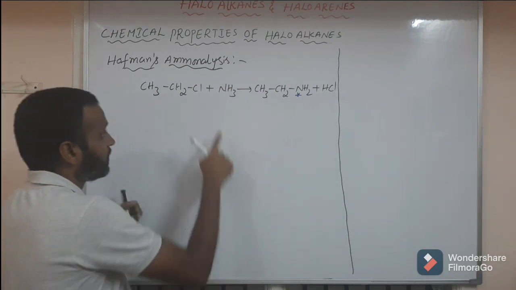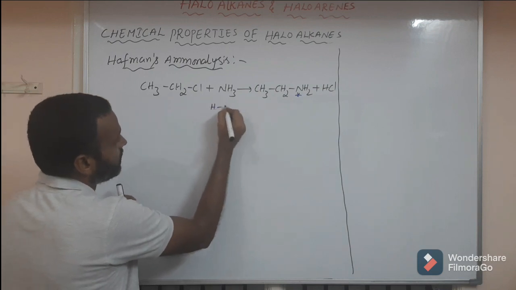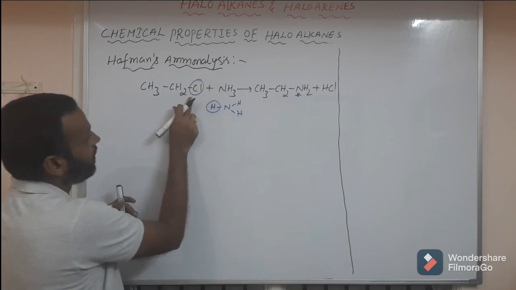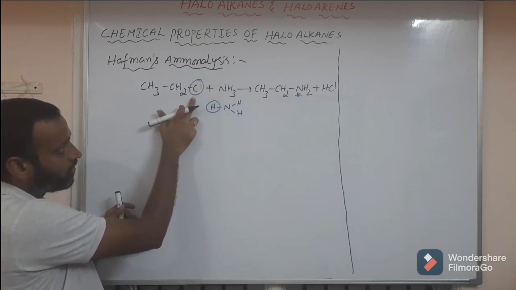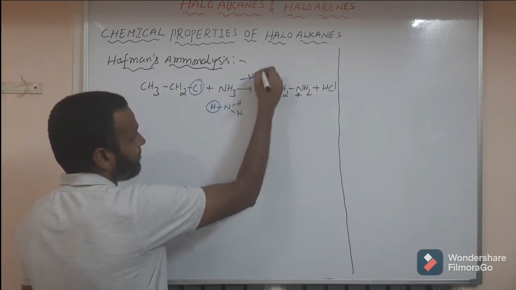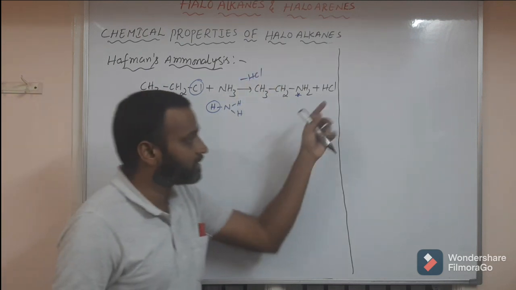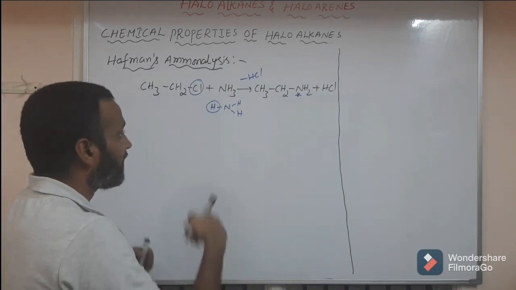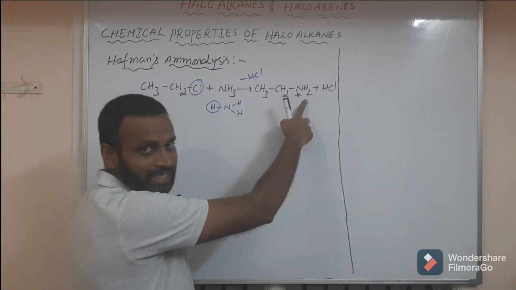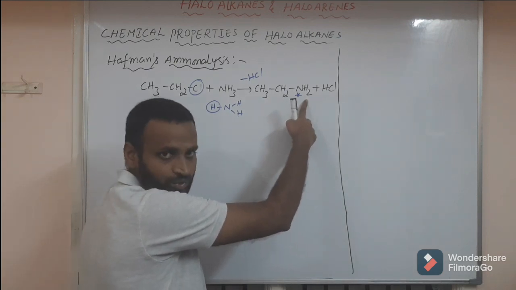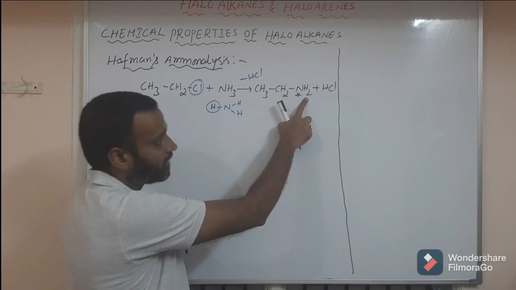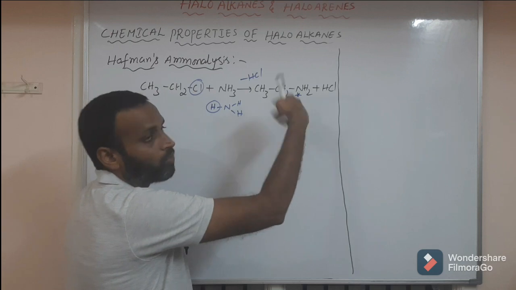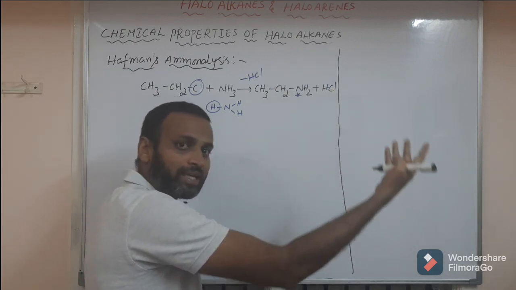Initially, first, what happened? This H, N, H and H. One of the hydrogens just bonded with the chlorine and was removed as HCl. That means you are having CH3CH2NH2. Got it, everyone? Like that, the same reaction can happen 2 more times. So H can combine with 1 more chlorine present in alkyl halide, like 1 more hydrogen can combine with 1 more ethyl chloride.